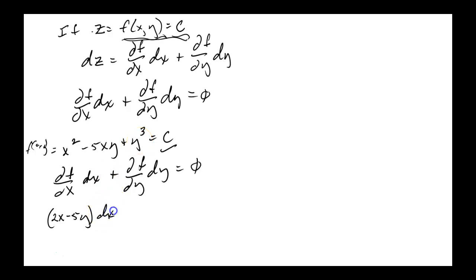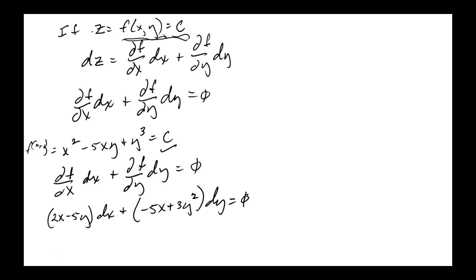That's your dx plus, and what's the partial of this f with respect to y? Negative 5x plus 3y squared dy is equal to 0. That's what we've got from doing this thing.